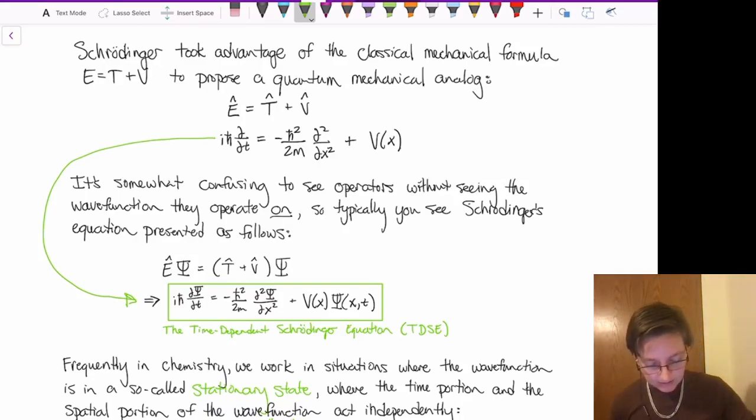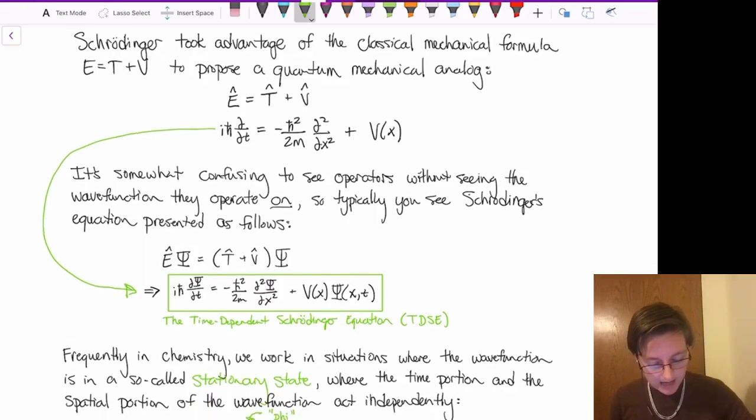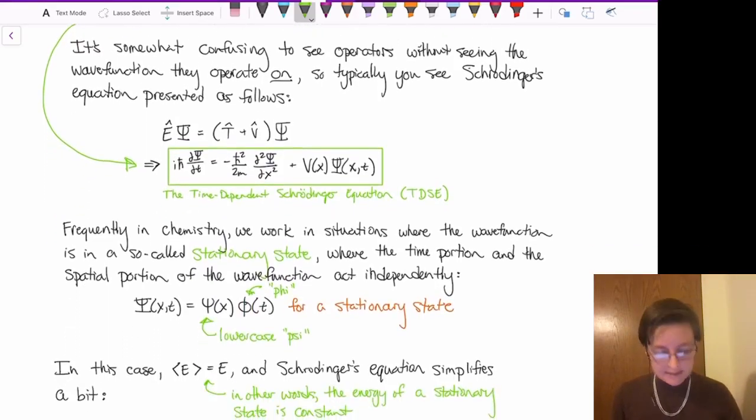So the final time-dependent Schrodinger equation, which is one of the big governing equations we're going to use for this course, is i h bar d psi dt is equal to negative h bar squared over 2m times the second derivative of psi with respect to x plus the potential energy times psi.